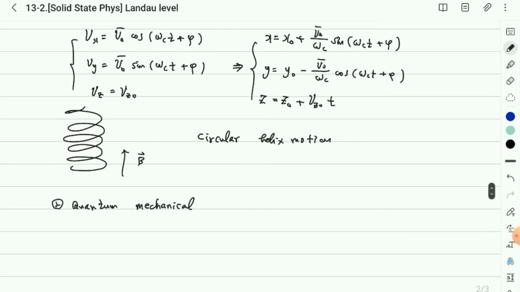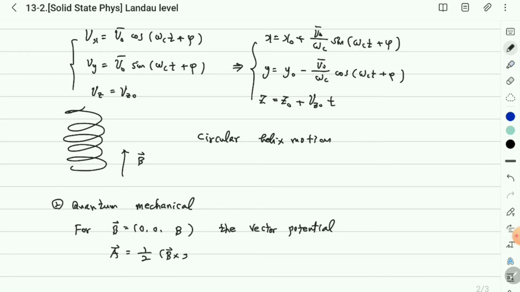And on the magnetic field equal to (0, 0, B), then the vector potential A is 1/2 B cross X. And here it means 1/2 times the determinant with i, j, k, then 0, 0, B, and x, y, g.